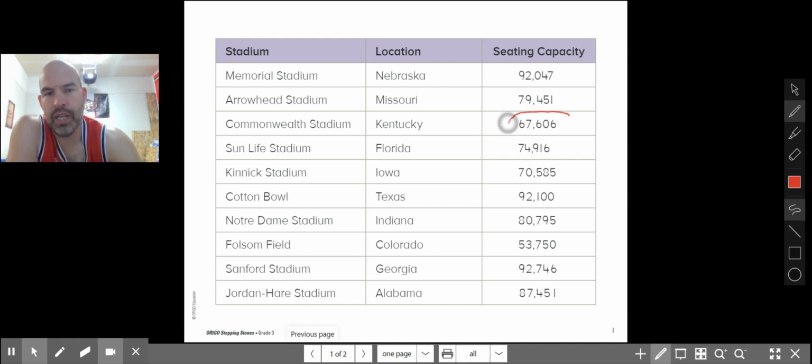So, for example, let's say you want to compare the Commonwealth Stadium in Kentucky to the Folsom Field in Colorado, and you can compare those two, right? Or whatever pair you want.